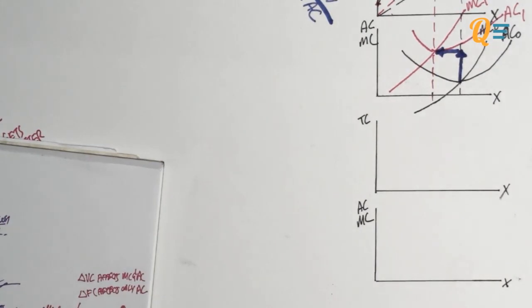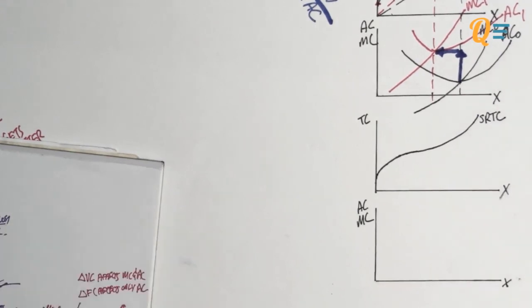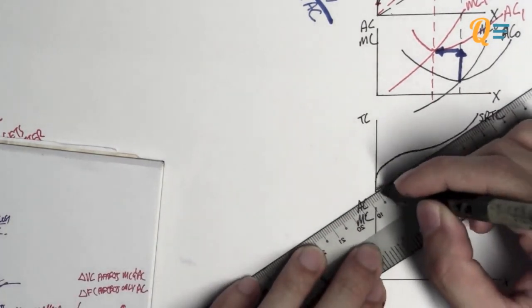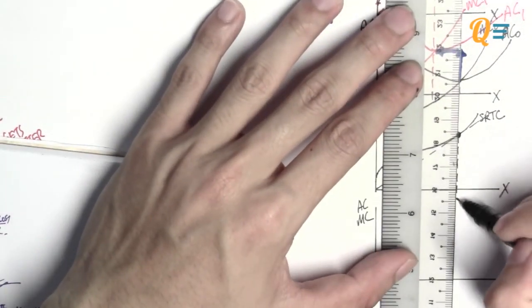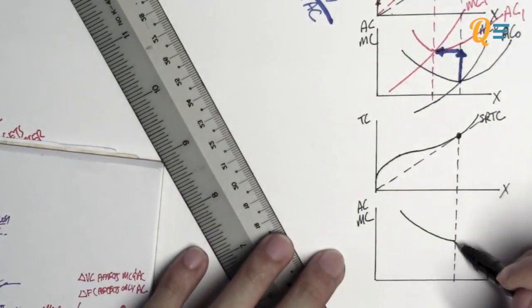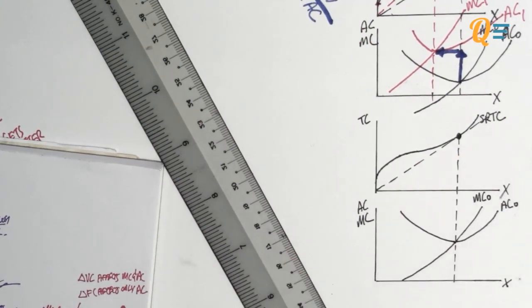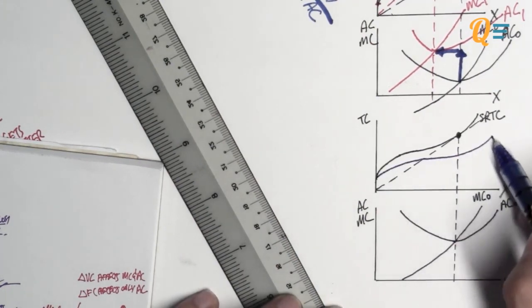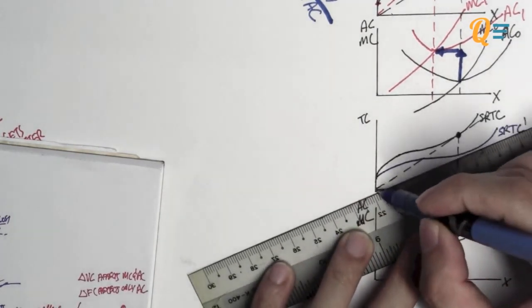Okay, so I've got my total cost curve that looks like this initially, and then I'm going to find my initial minimum AC. It is at this level of X, and I'm just going to draw an AC curve that looks something like that. So there's AC naught, and then you've got MC naught. So there's going to be a decrease in variable cost. What that means is that the short run total cost curve is going to be flatter, of course pivoting along the fixed cost.